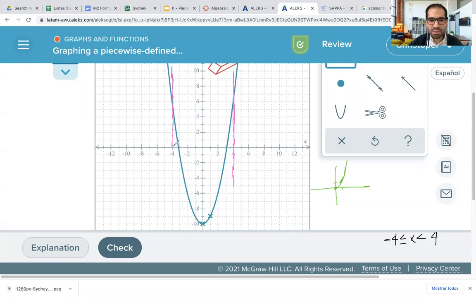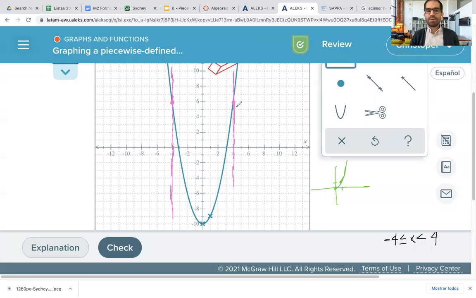So it's telling us that the graph, you can do it visually or you can evaluate the quadratic function at -4 and 4. But if you notice, the graph is being intersected by those limits here and here.